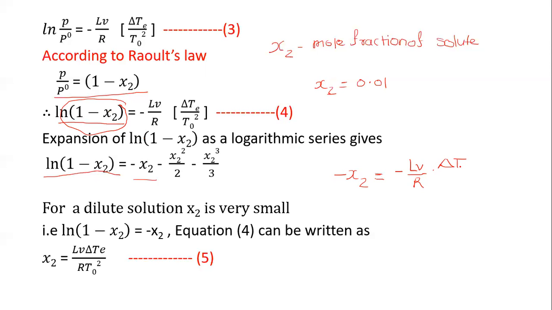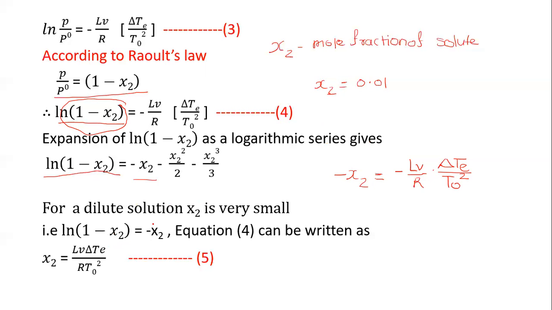You can see that on both sides there is a negative sign, so the negatives cancel. So equation 4 can be written as x2 equal to LV into delta T upon R T0 square. So this is equation 5.